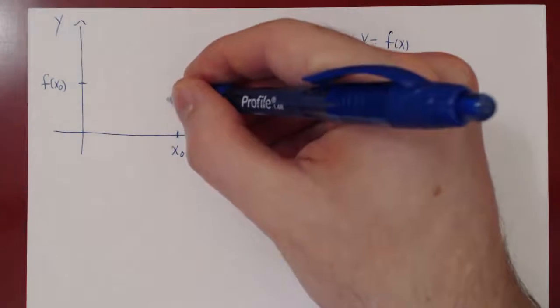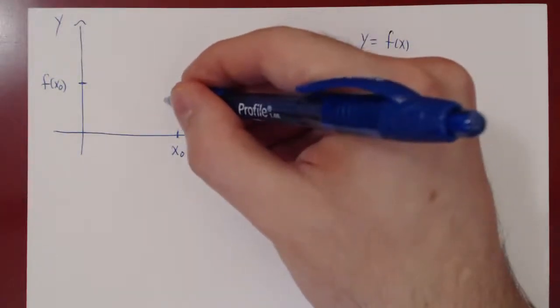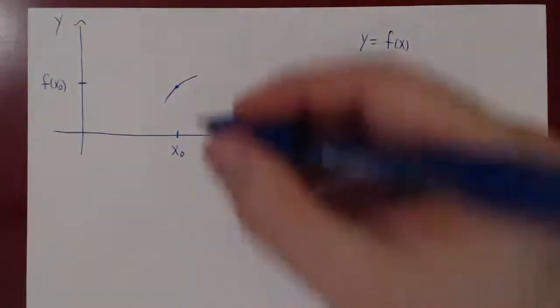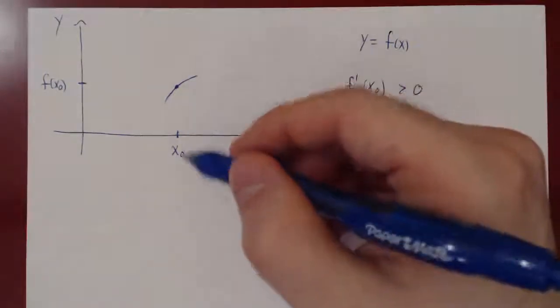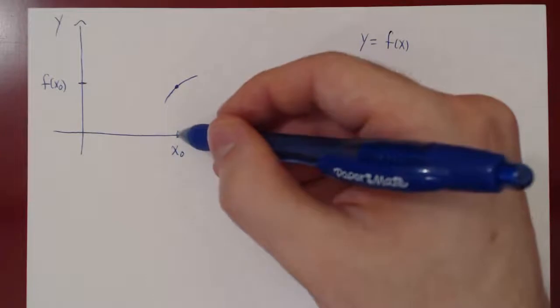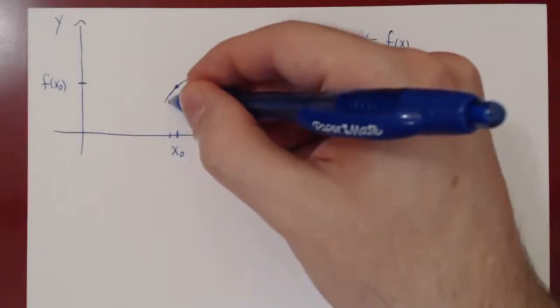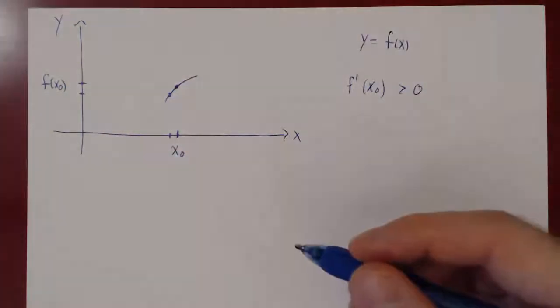So it may be concave down or concave up increasing. Assume it's concave down increasing. Well, clearly x0 cannot be an absolute minimum, because if you go to the left of x0, you can see that f attains an even smaller value.